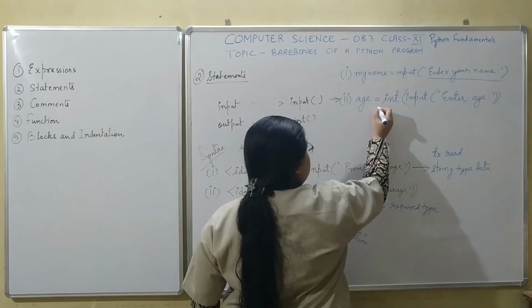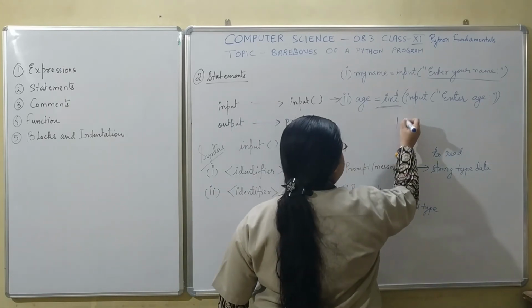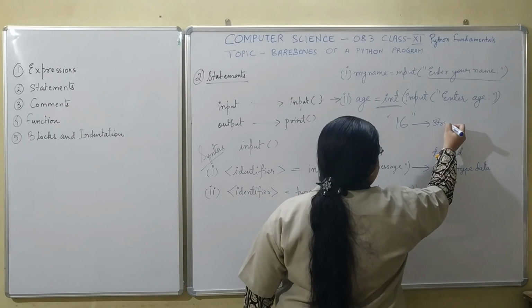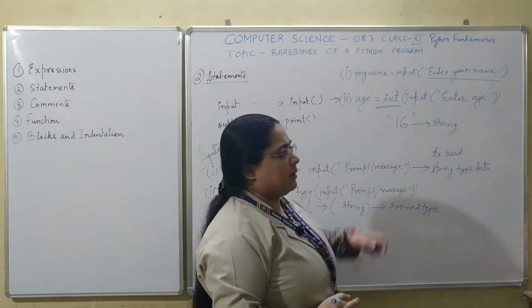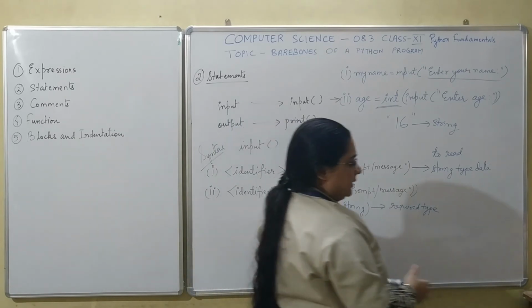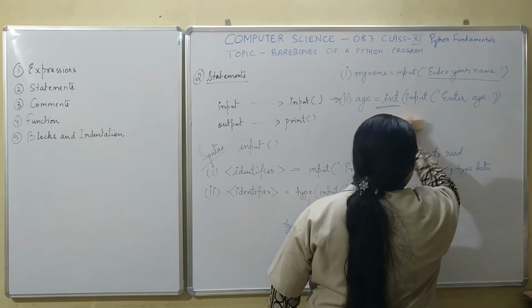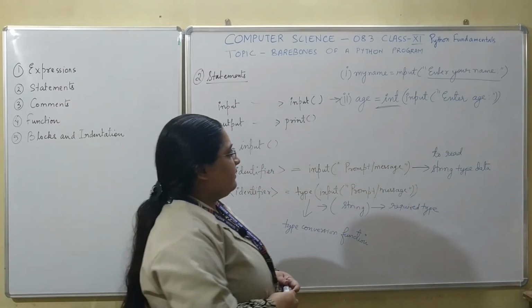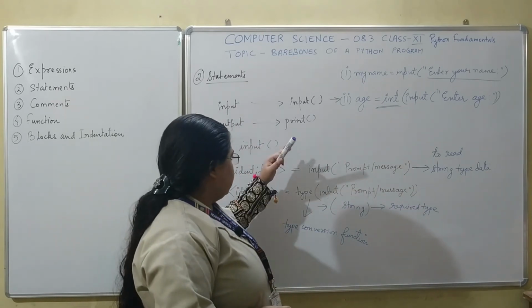If you do not use this integer function, then whatever age the user is entering, suppose 16, it will be considered as a string without this integer function, and you won't be able to perform any calculations on this. So to make sure that whatever value the user enters for age, it should be in the form of integers, we have to use the int function over here.